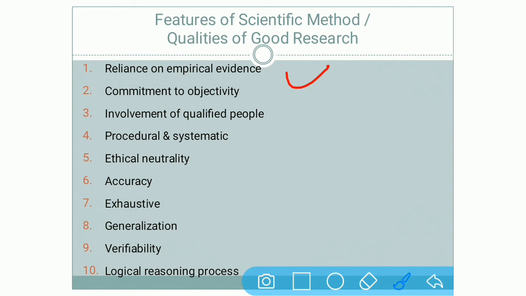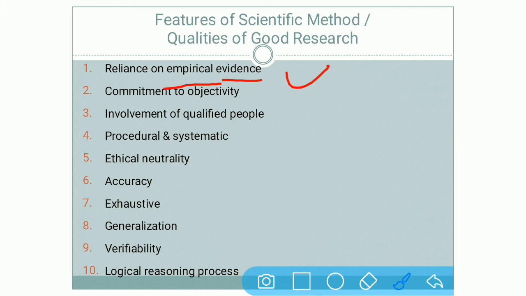As I said, in non-scientific methods we accept anything which is said by our parents, by our relatives, by our grandparents, but here it is not the case. Here everything should be accepted on the basis of evidence. But which evidence? Empirical. The meaning of empirical is that proof is generated by trial and error, or by testing again and again.